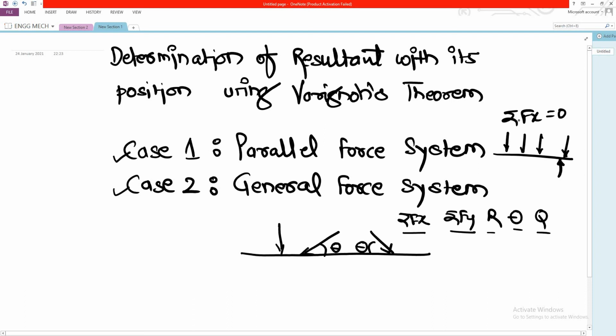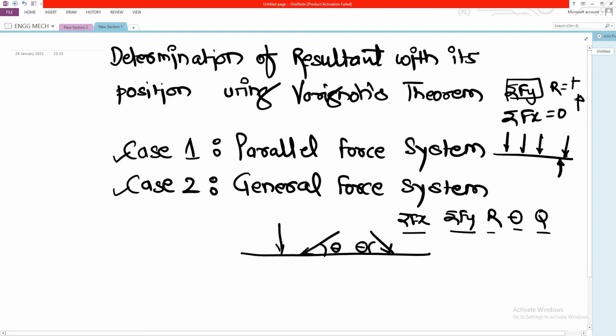Here in parallel force system we only have to determine summation Fy, and from the value of summation Fy we easily get the value of R, and the sign convention: if the resultant is positive, then the direction of resultant will be upward.